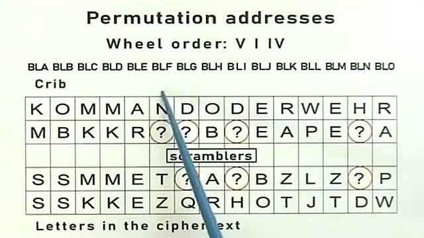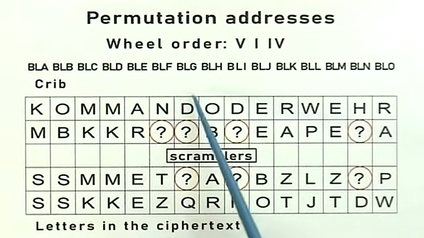At this point in the table you can see that, in contrast to this and this point, one letter is known to this scrambler. Under the permutation address BLF, you can see that one letter was determined on this scrambler.